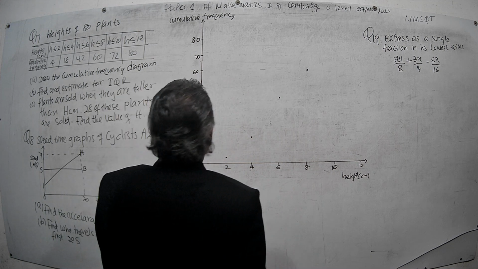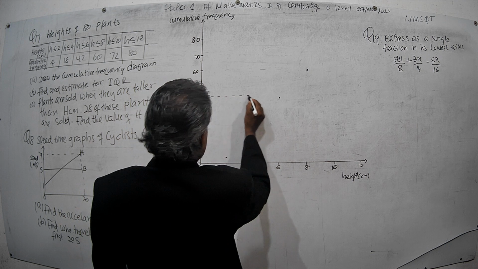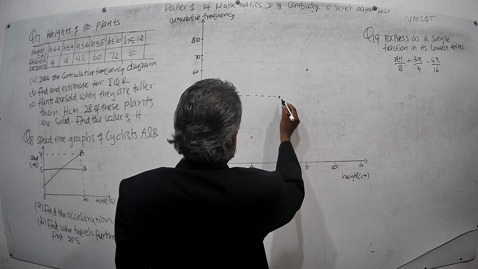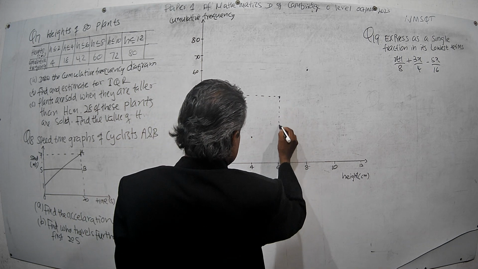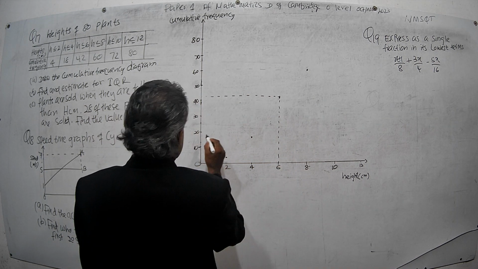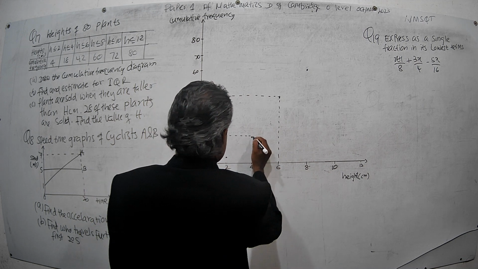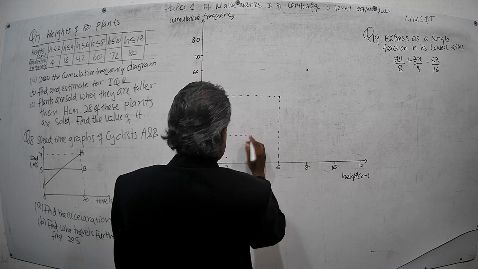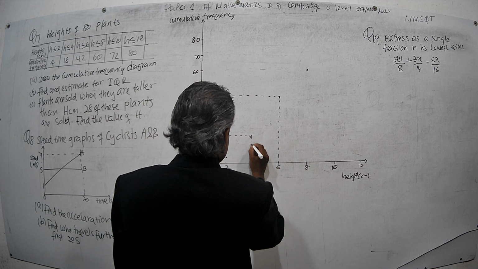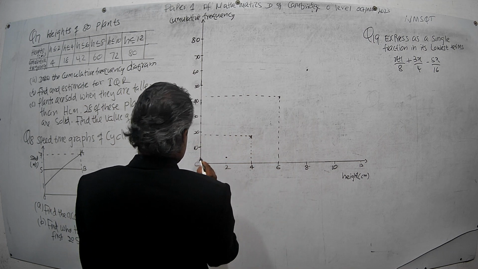Now this is 42, for 6 or less than 6. This is 18. And here 4.